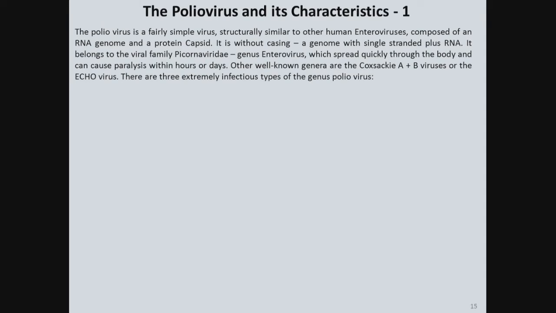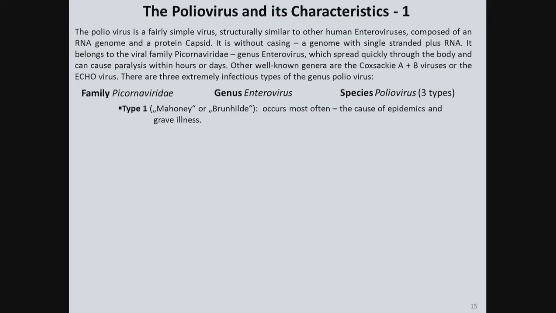There are 3 extremely infectious types of the genus poliovirus. Family Picornaviridae. Genus Enterovirus. Species Poliovirus. 3 types. Type 1, Mahoney or Brunhilde, occurs most often, the cause of epidemics and grave illness.